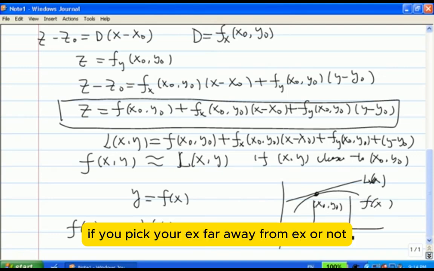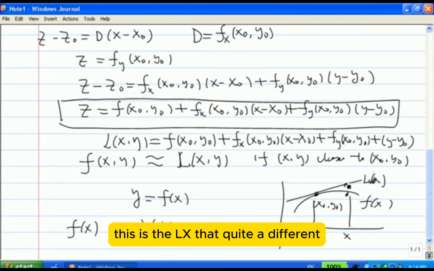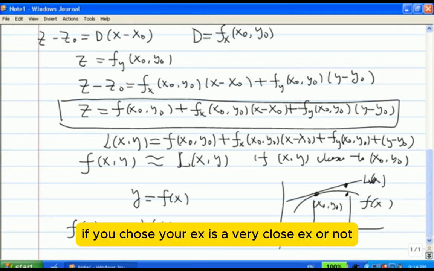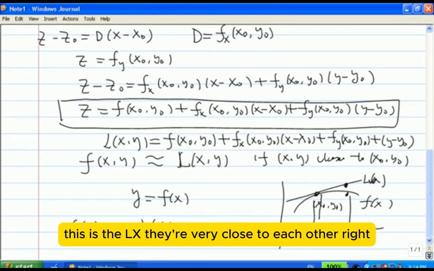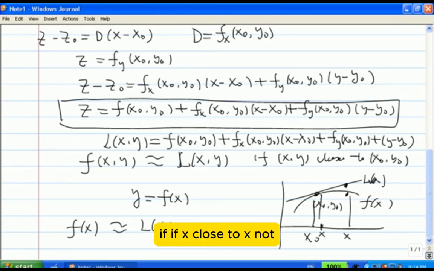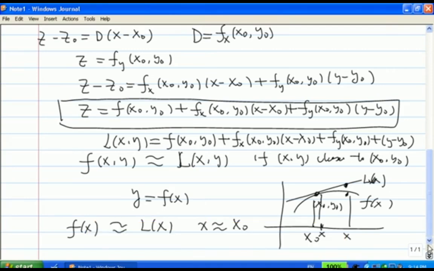If you pick your x far away from x0, then this is f(x), this is L(x), and they're quite different. If you choose x very close to x0, then f(x) and L(x) are very close to each other. If x is close to x0, then f(x) will be close to L(x). That's why we call it a linear approximation.